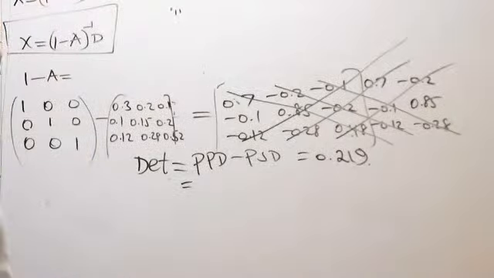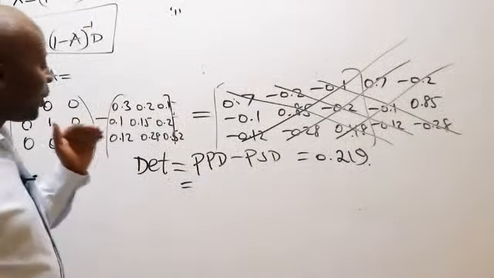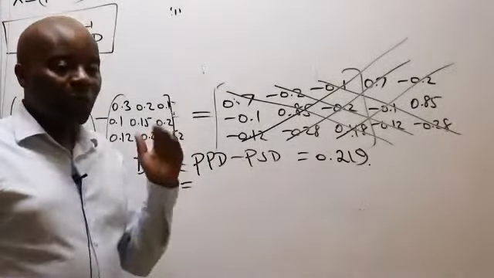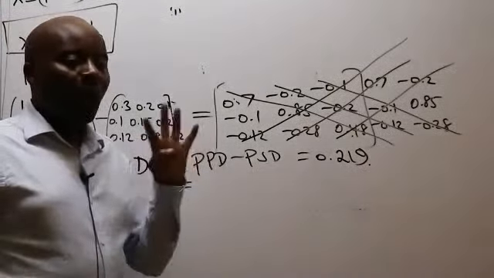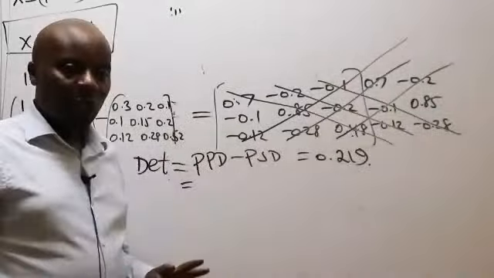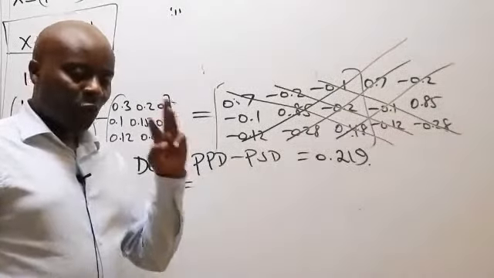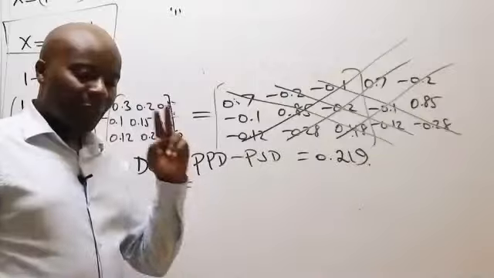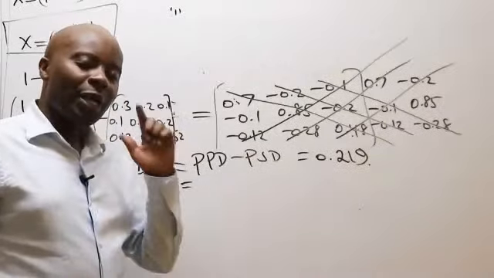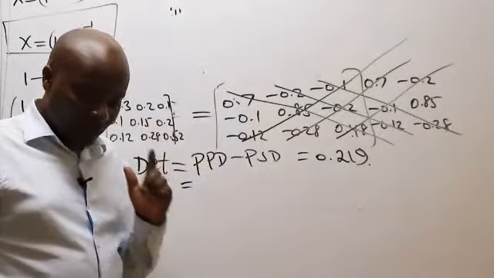Having gotten the determinant, number 1, we have the determinant. Number 2, we have the minor. Number 3, we have the cofactors. Number 4, we have the inverse definition.